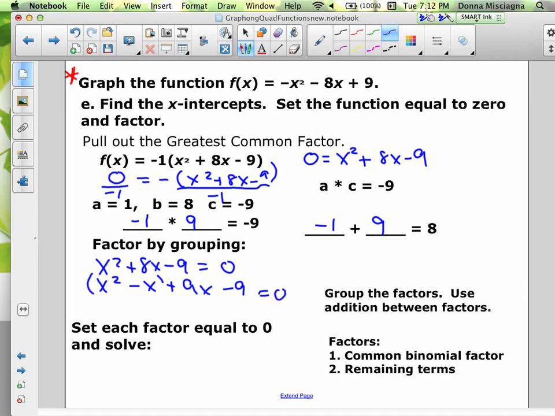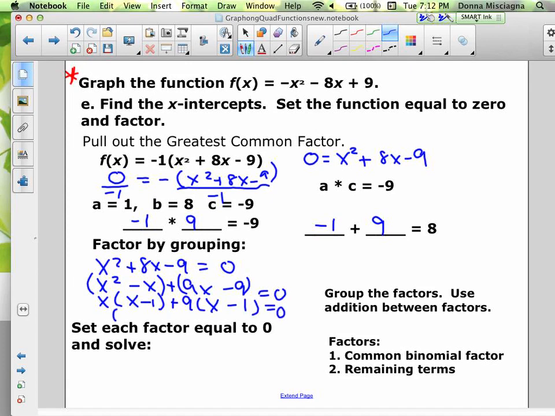First two in our group, second two in our group. Factor out our greatest common factor, which is an x, and we're left with x minus 1 when we divide those by x. We can divide 9x and -9 by 9, and 9x divided by 9 is x. -9 divided by 9 is a -1.